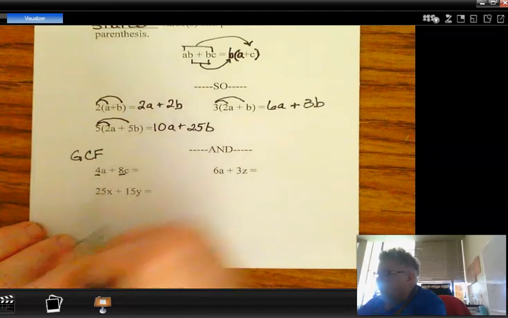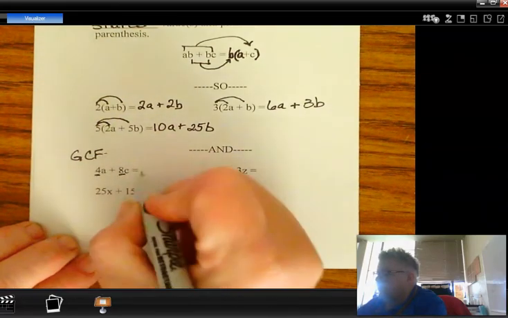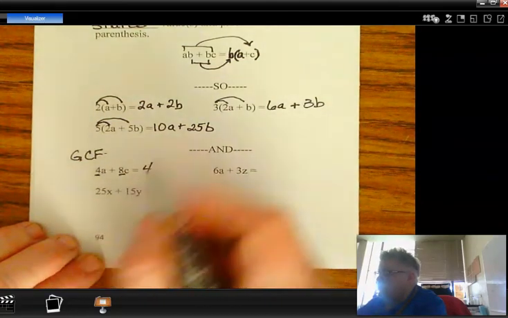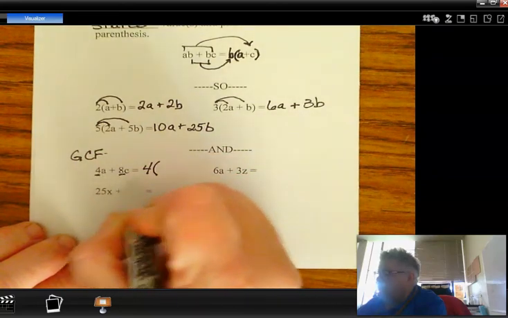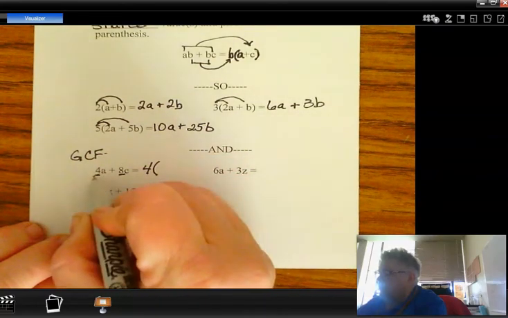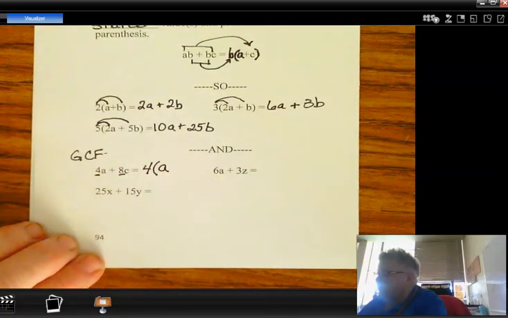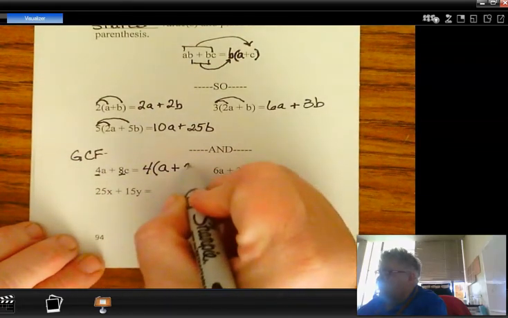So for 4 and 8, my GCF is going to be 4 because I can divide both of those by 4. So I'm going to pull the 4 out. Nothing else is shared. So all I've got left is 4 divided by 4 is 1. That means I've got my big invisible 1. A plus 8 divided by 4 is 2.